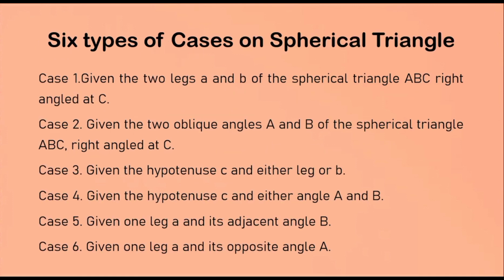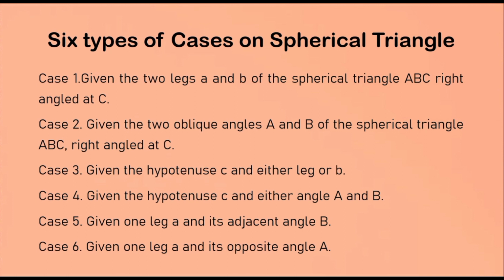There are 6 types of cases on a spherical triangle. Case 1, given the two legs a and b of the spherical triangle ABC right-angled at C. Case 2, given the two oblique angles A and B. Case 3, given the hypotenuse c and either leg a or b.